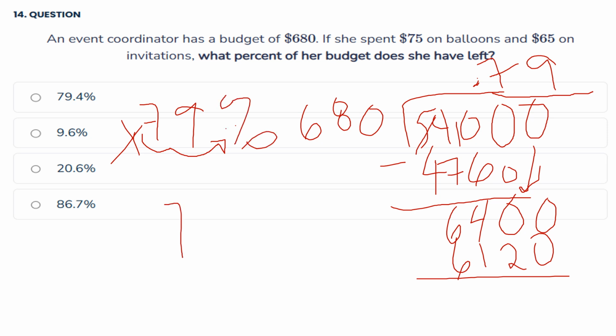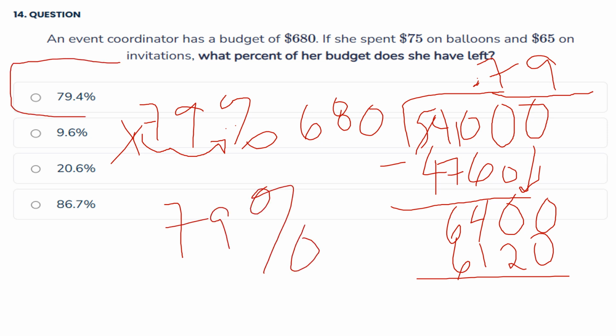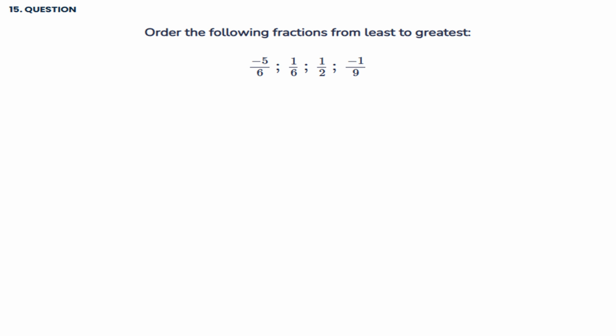So 79% is left over. So our answer is 79.4%. And we could have gone a little bit further, but I didn't think it was necessary since there was no other one besides 79.4%. All right, question number 15 says, order the following fractions from least to greatest.